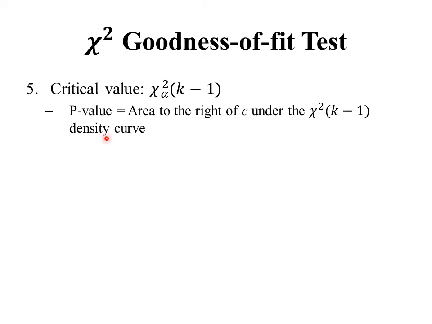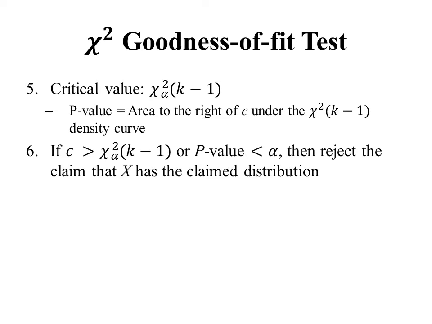The p-value is the area to the right of the test statistic under the chi-squared density curve with k minus 1 degrees of freedom. And then to come to our technical conclusion, we're going to compare the test statistic C to the critical value. If the test statistic is greater than the critical value, or the p-value is less than alpha, then we're going to reject the claim that x has the claimed distribution.